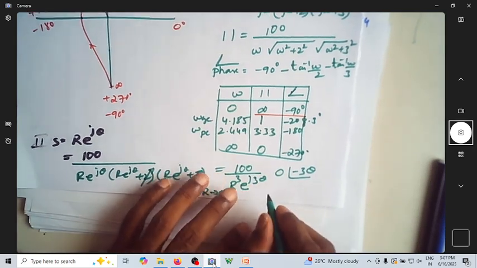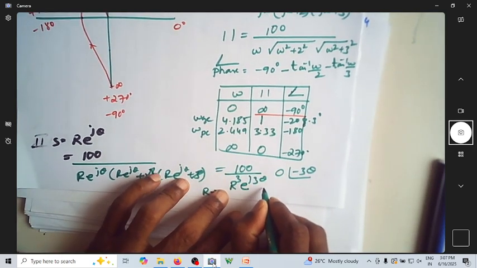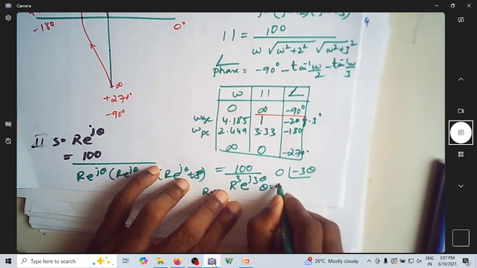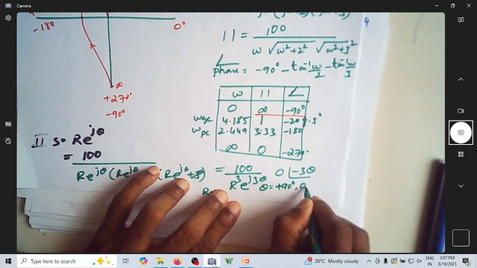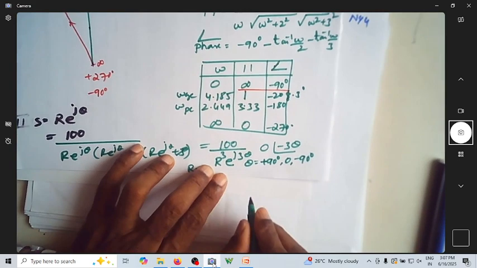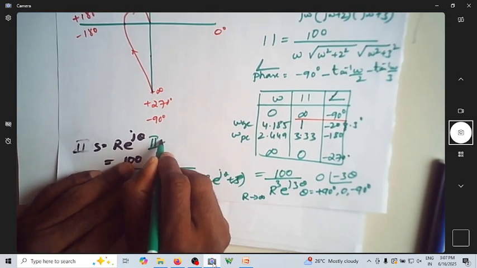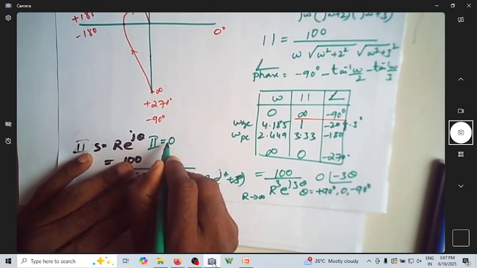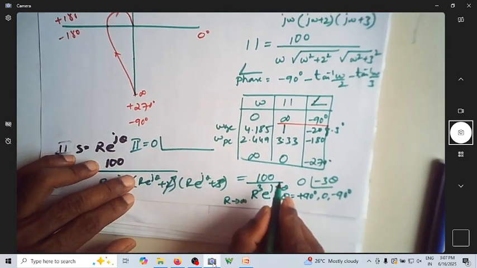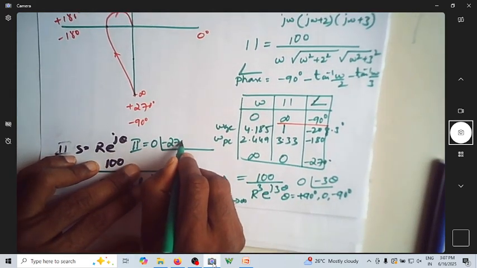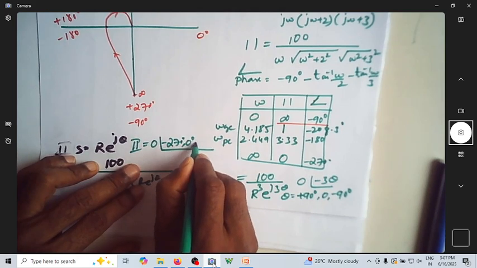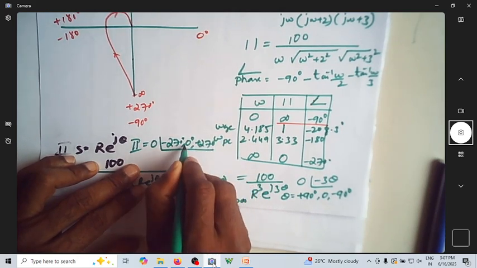But theta ranges from plus 90 degree, 0, minus 90 degree. So this entire second segment mapping will reduce to 0 at an angle minus 270 degree, 0 degree, plus 270 degree.